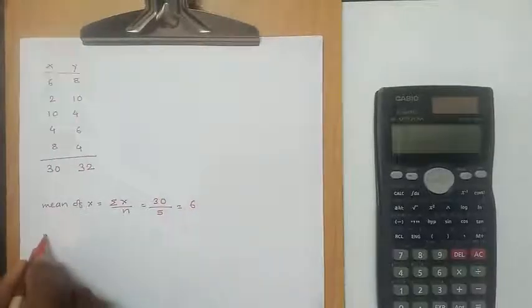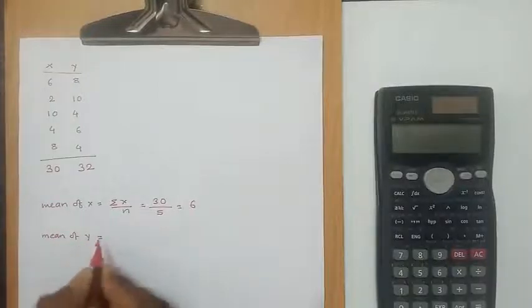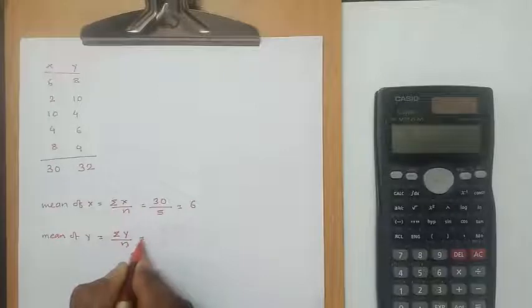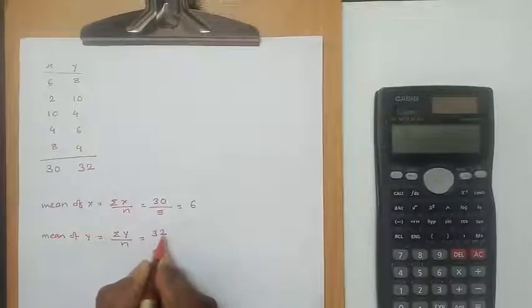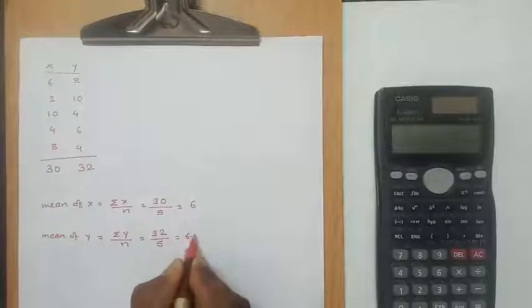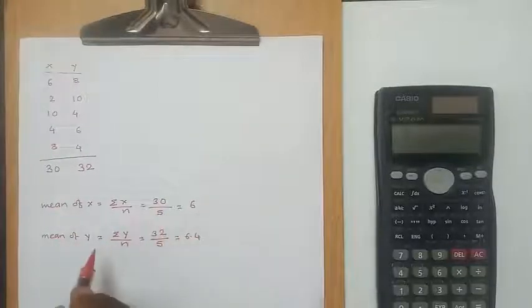Similarly, mean of y is equal to summation y divided by n, which is 32 divided by 5, equal to 6.4. So we get mean of x as 6, mean of y as 6.4.